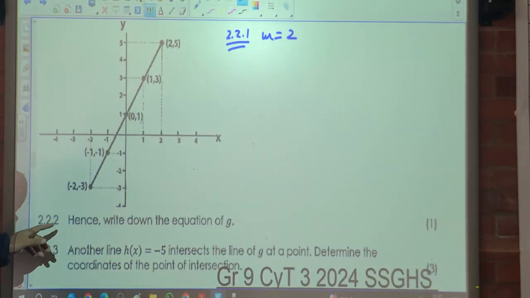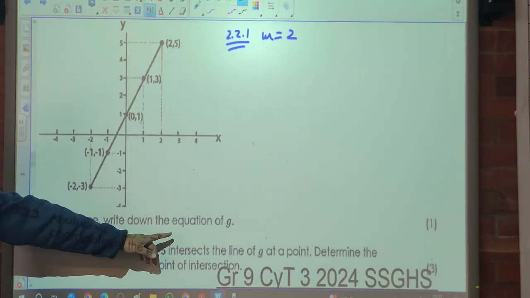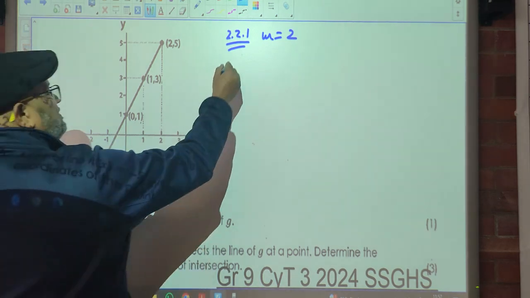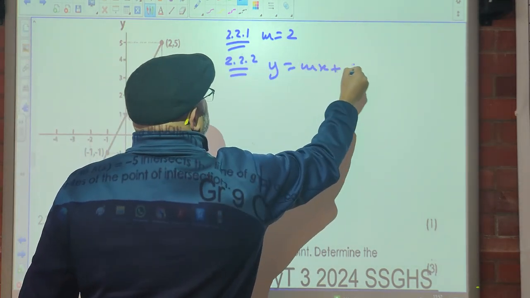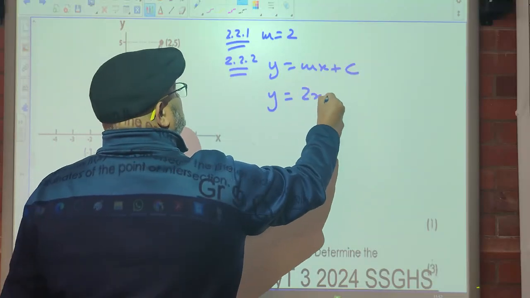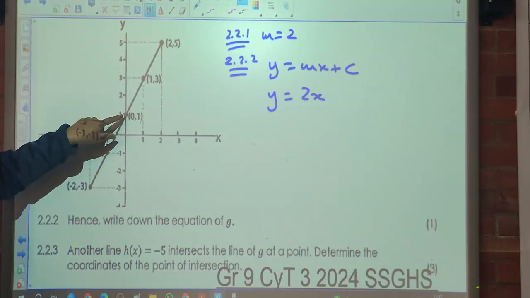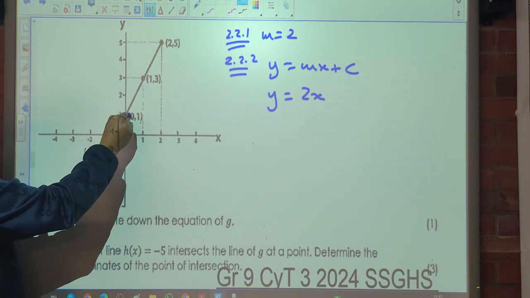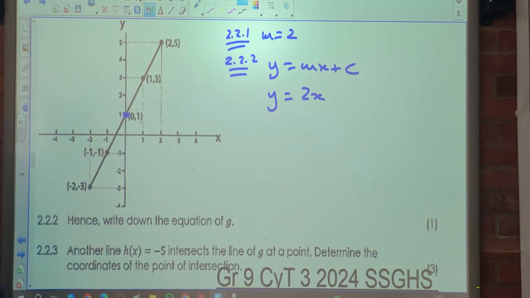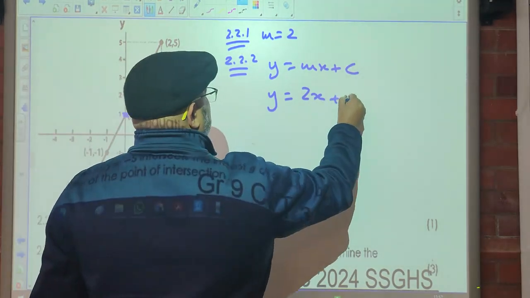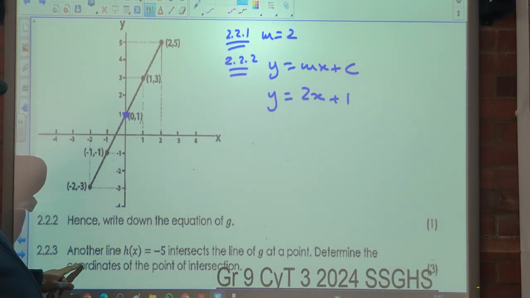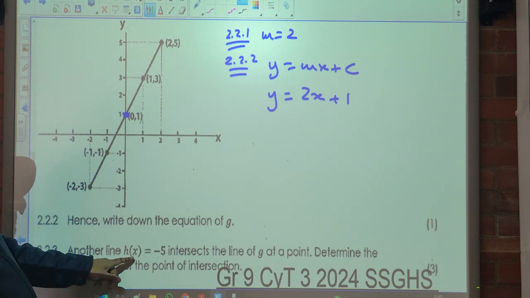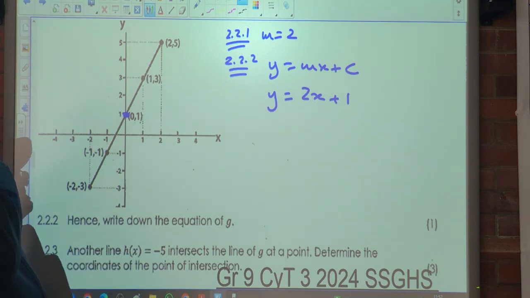So now in 2.2.2 hence, write down the equation of g. The equation of g will be in the form of y equals mx plus c. Your m is 2. What's your c value? It is your y-intercept, not so, which is 1. So y equals 2x plus 1.